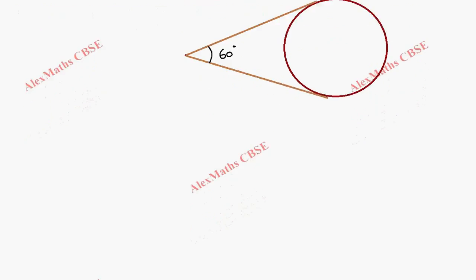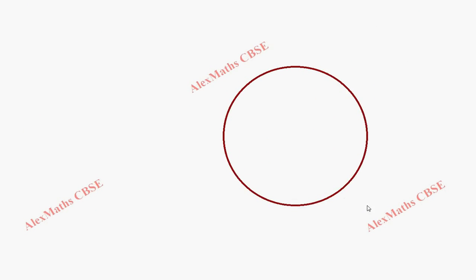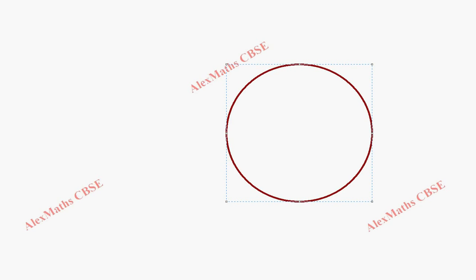Now coming to the actual construction, the circle radius is 4. So let's take a circle whose radius is 4 and let this be the center of the circle. Now we take a horizontal line like this.